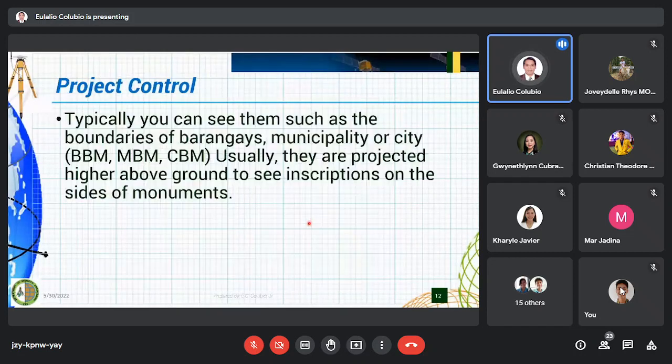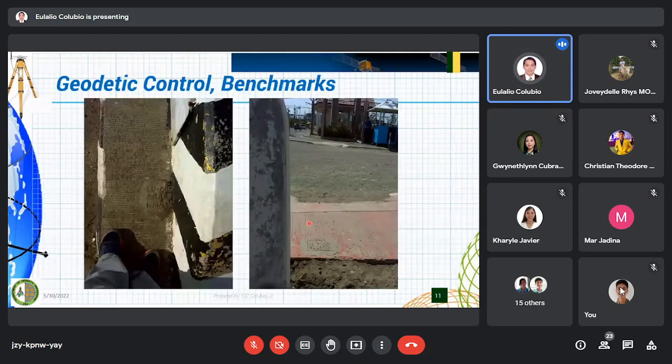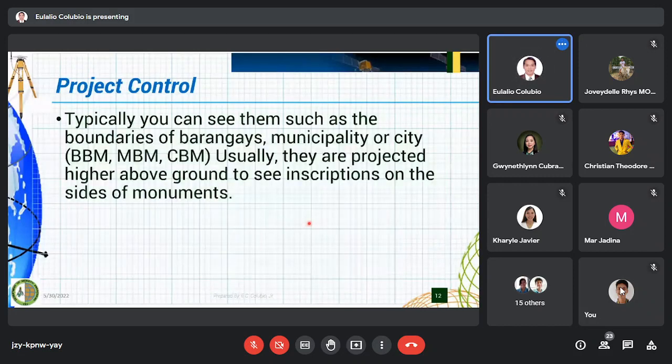Right, so for the project control, there is a small difference compared to geodetic control. Geodetic control usually has monuments that are not very high, the projection above the surface of the soil. Whereas project control stands taller.